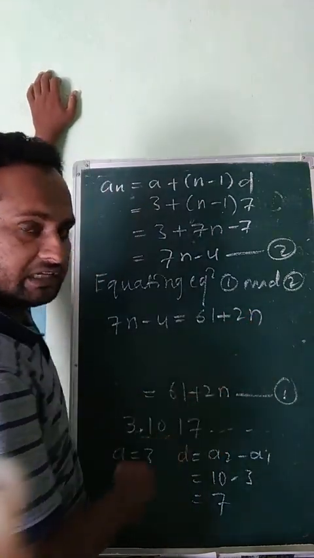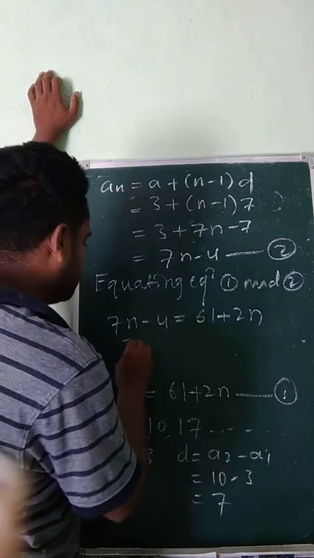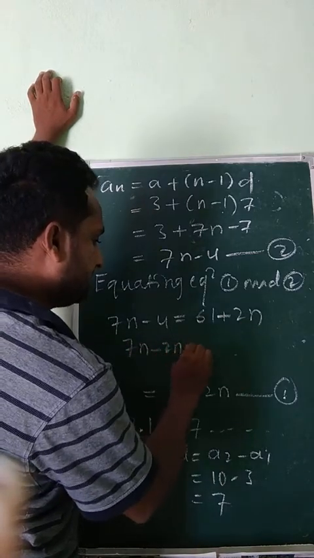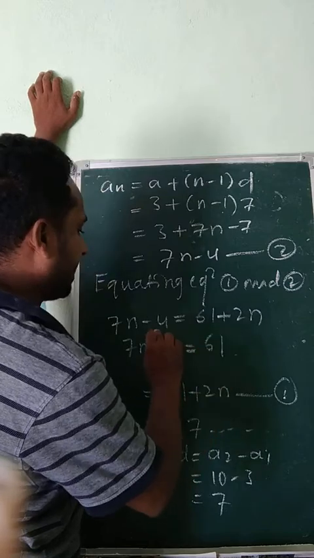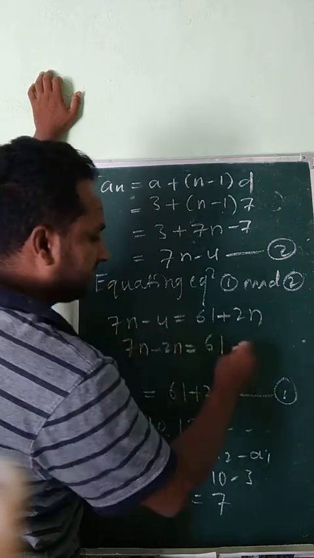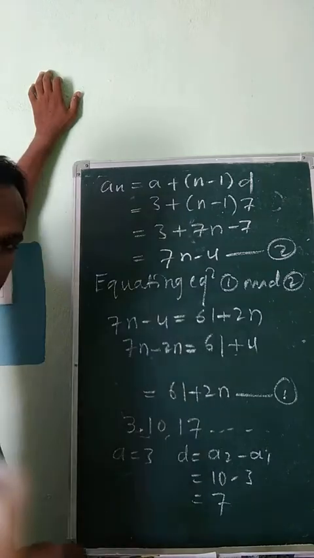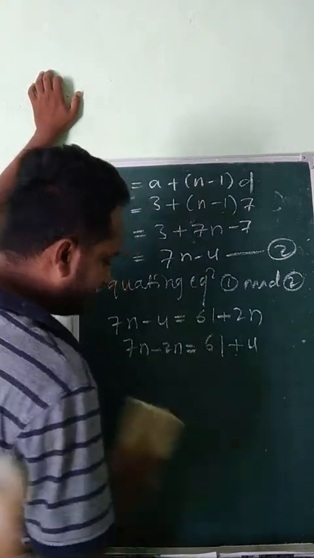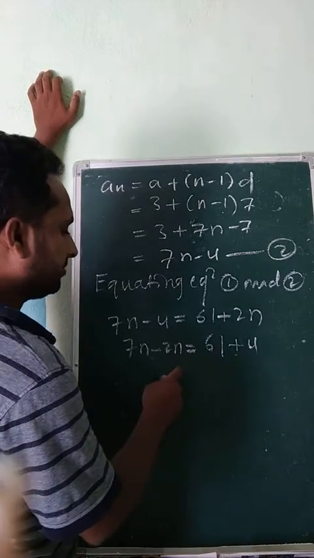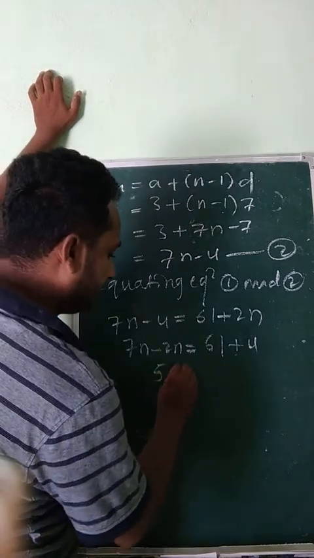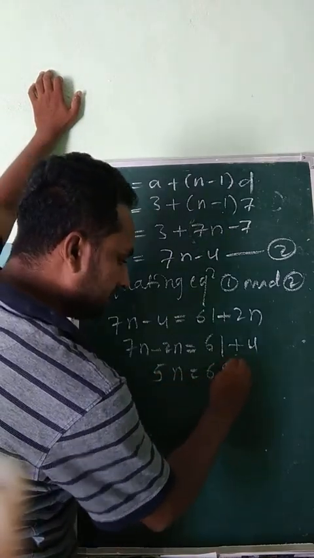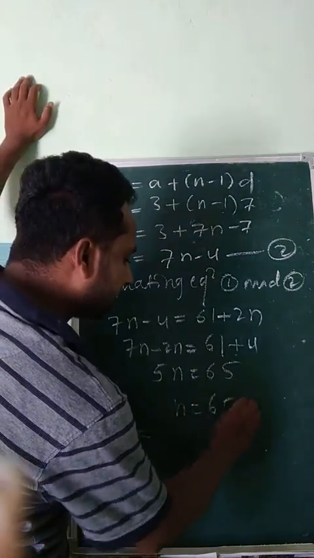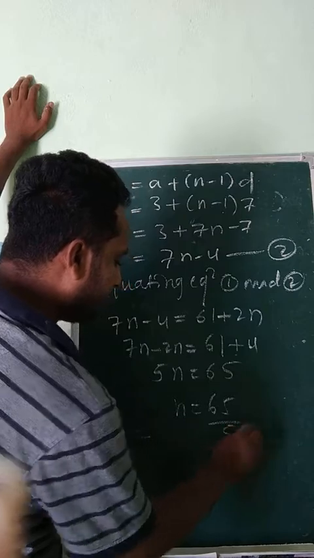Now solve for n. Therefore 7n, bringing the 2n to this side, minus 2n is equal to 61 as it is, plus 4. Minus 4 goes to the right-hand side as plus 4. Clear? Then 7n minus 2n, 5n is equal to 65. Then n is equal to 65 upon 5.